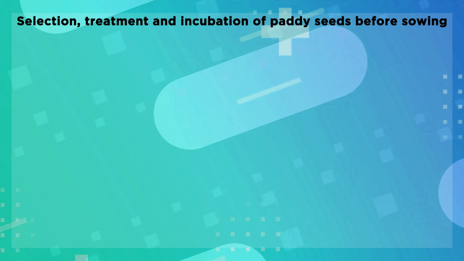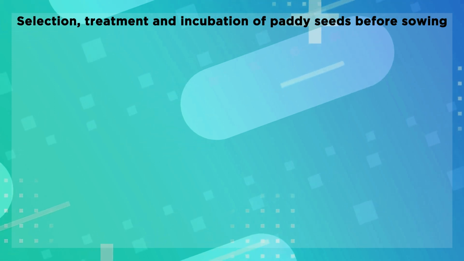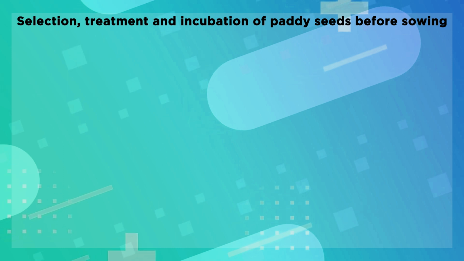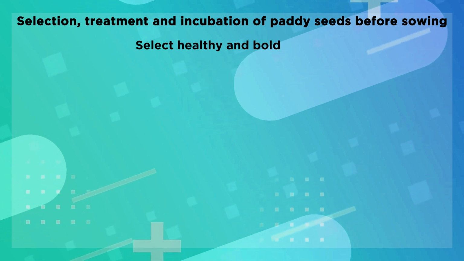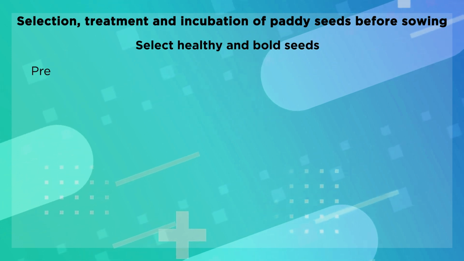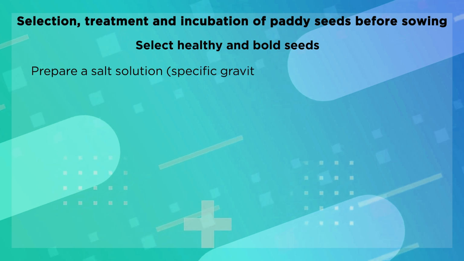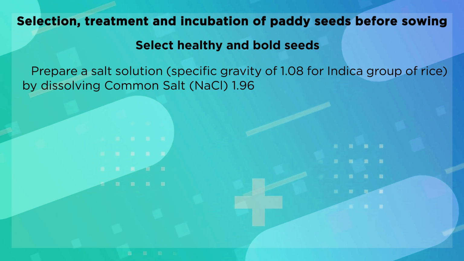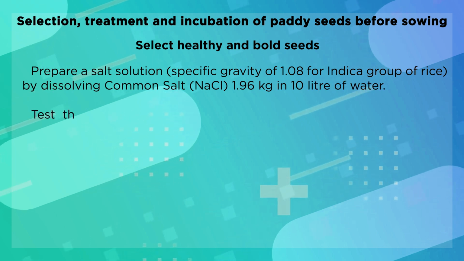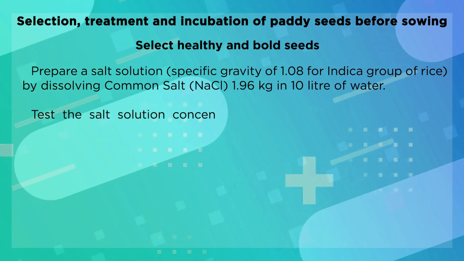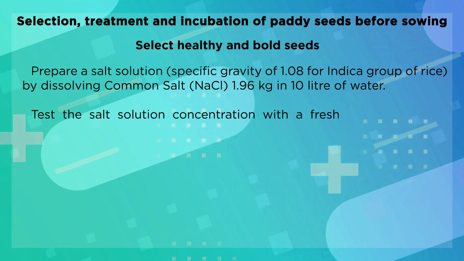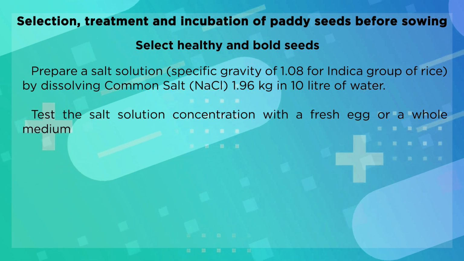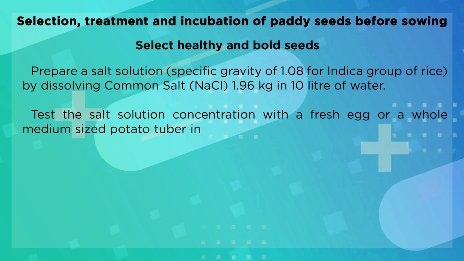Now let's have a recap. Selection, treatment and incubation of paddy seeds before sowing. Select healthy and bold seeds by preparing a salt solution, by dissolving common salt of 1.96 kg in 10 liters of water. Test the solution concentration with a fresh egg or a whole medium-sized potato tuber in the solution.